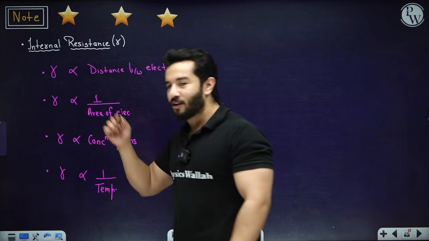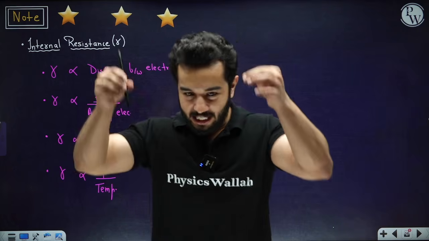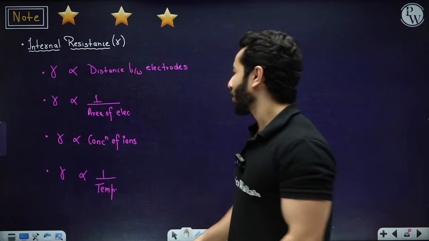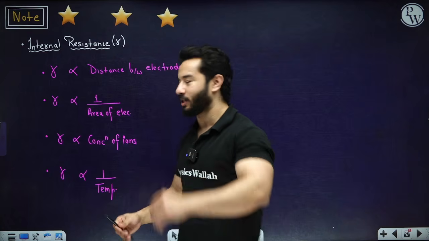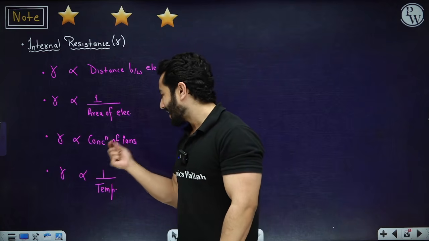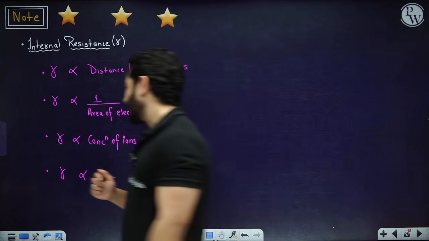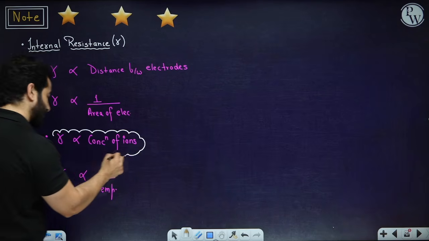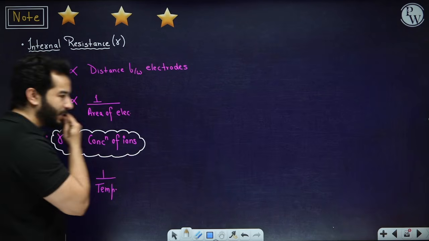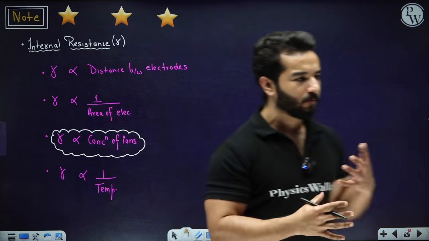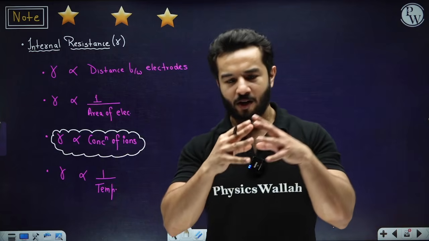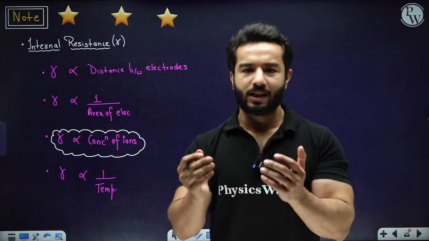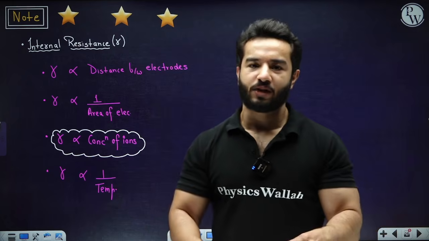Internal resistance is inversely dependent on the area of the dipped electrodes, right? Because if the area is larger, it will be easier for the ions to move and get to the other electrode. Internal resistance is directly proportional to the concentration of ions. This is a slightly confusing thing, but still this is absolutely correct. Because of clustering of the ions, it is difficult for them to move, or you can simply say that the mobility of the ions decreases.